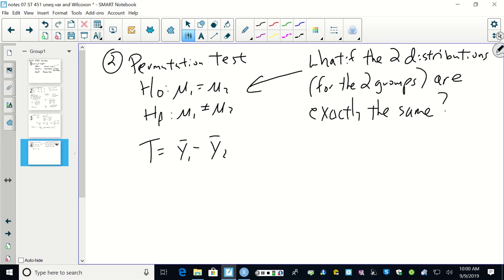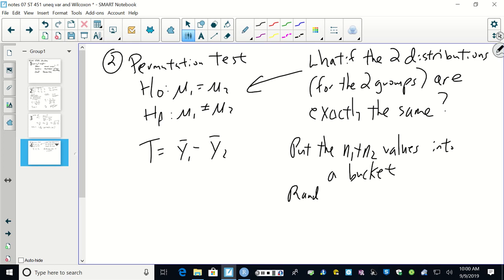So to study this distribution, we're going to put the N1 plus N2 values that we have into a bucket. Randomly pick N1 of them, and based on those N1, compute a new value of y bar for the first group.